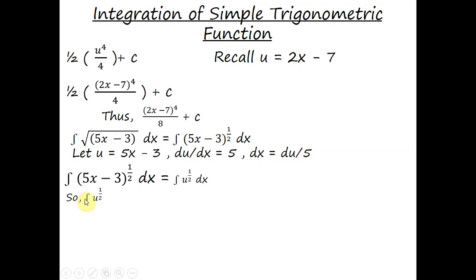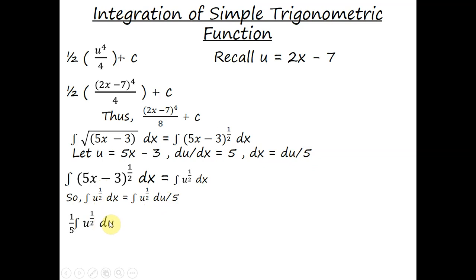So that is what we now have. The integral of u raised to the power of half dx is equivalent to the integral of u raised to the power of half, with dx replaced by du all over 5. So we'll solve further. This gives us 1 over 5 integral of u raised to the power of half du.